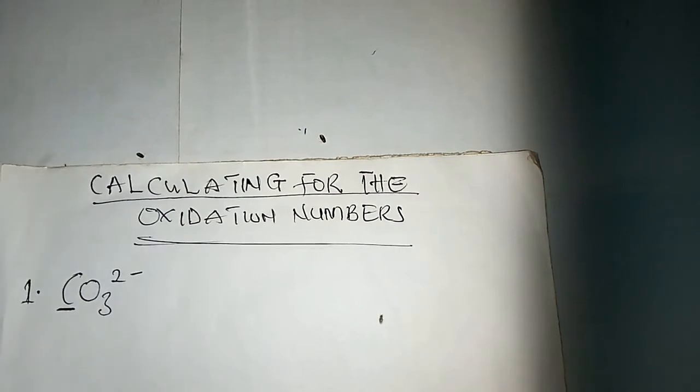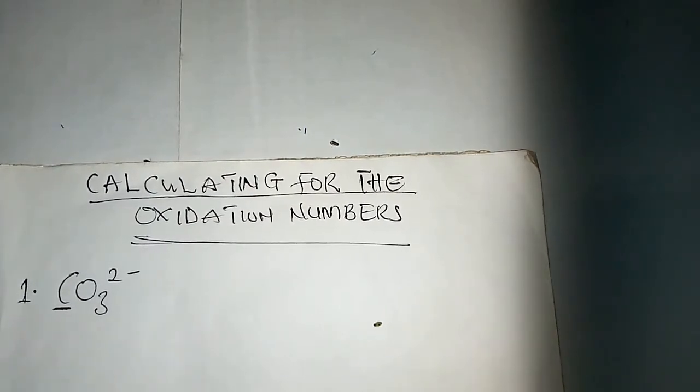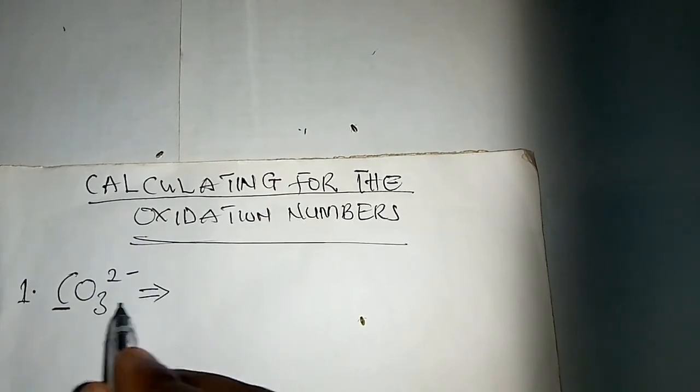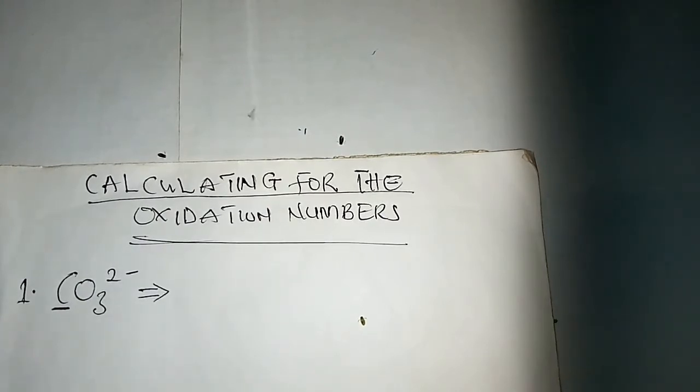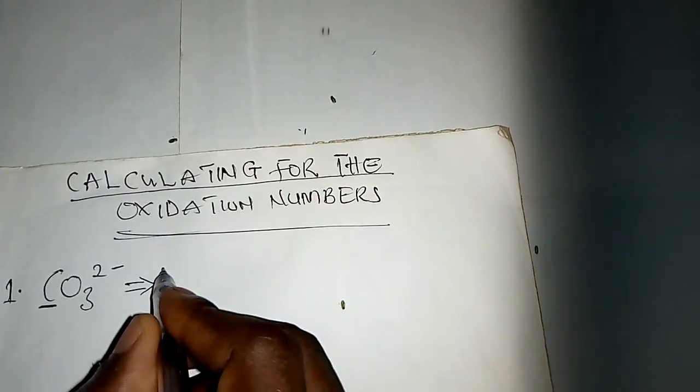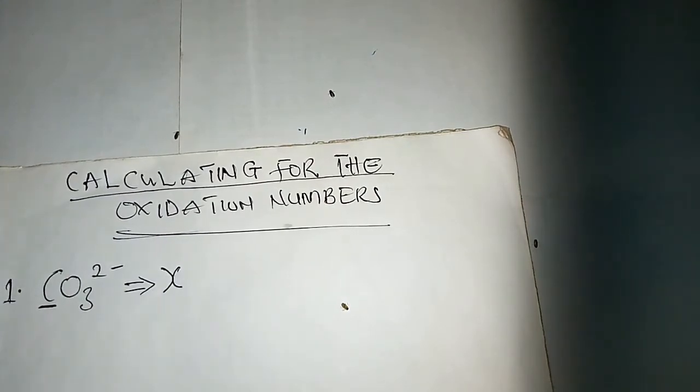To solve for the oxidation state of carbon, we replace carbon with a variable as the unknown, because we don't know it and we are trying to find it. So we replace C by a variable, let's say X. We write the X here, which we use to replace C because that's the unknown we are solving for.